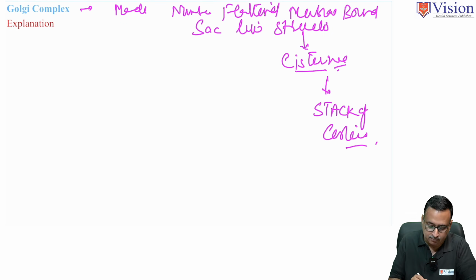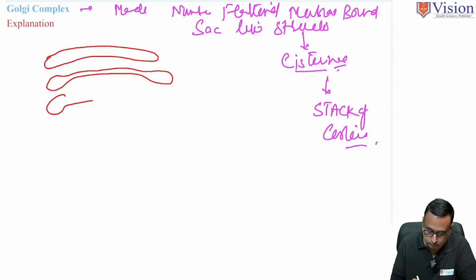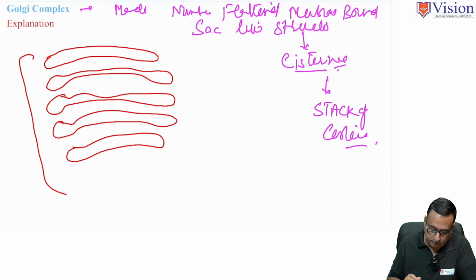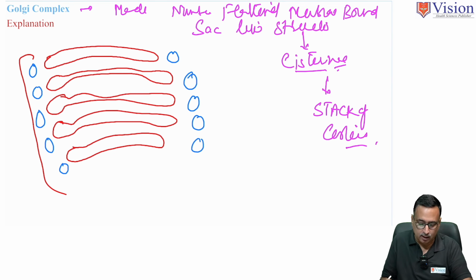Just like the diagram, I'm going to draw over here. So this is a pile of cisterna. And if I arrange them in this pile, from each cisterna, vesicles are given off. These vesicles contain mature protein and steroidal hormone.